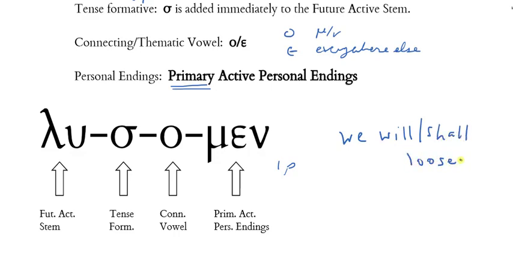You know the so-called rule for when you use will versus shall in proper grammatical style? You're supposed to use shall for the first person forms and will for the second and third persons. So I shall do something, you will do something, he will do something, we shall do something, y'all will, they will.